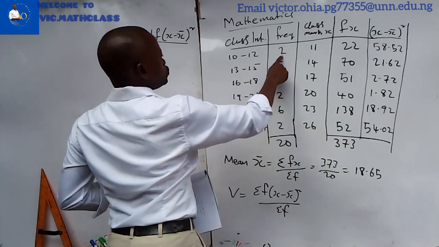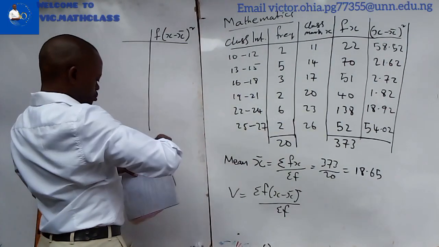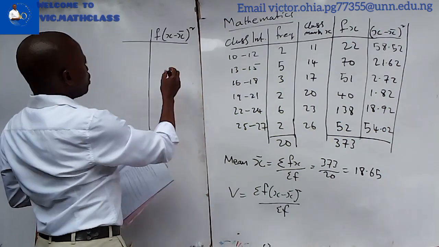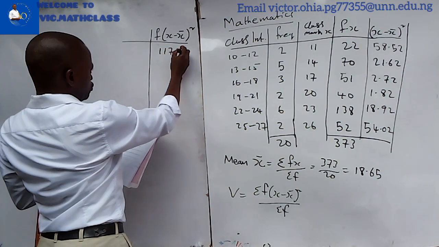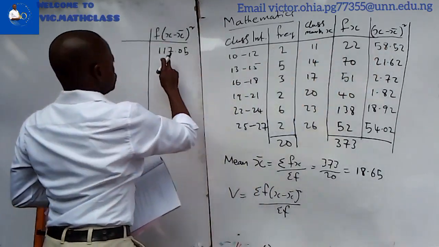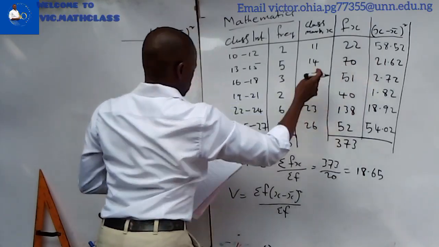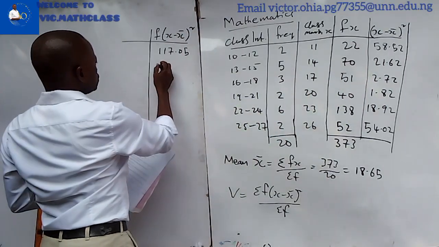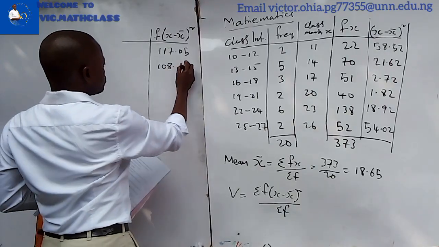So if I say 2 times this, it will give me what will be here. And by my calculation, it is, verify it, 117.05. Please verify whether 2 times this will give you this. Also check again, 5 times this should give you 108.11.